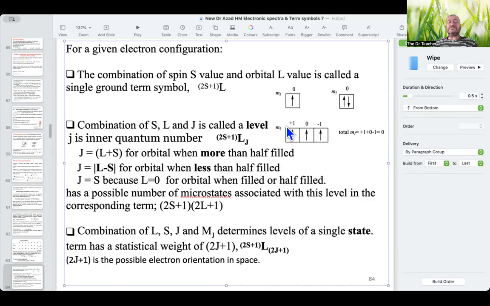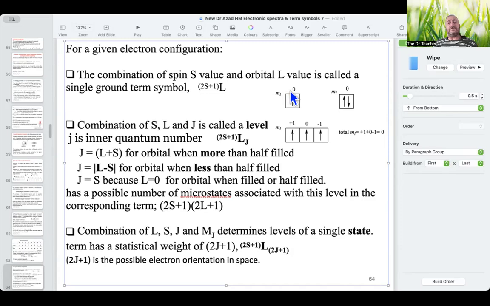So L is 0. What does it mean when L is 0? The remaining will be J equals S. When L equals 0, and here is half filled, it means ML is 0. So how many MLs in total do you have?